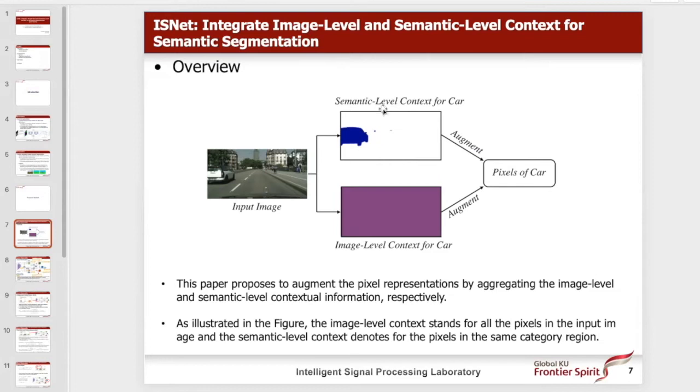This is the contribution of this paper. And they also use the image level context for the object. And then the authors used the semantic level context and the image level context to augment the pixel representations of the car. And finally, they will get high performance results.